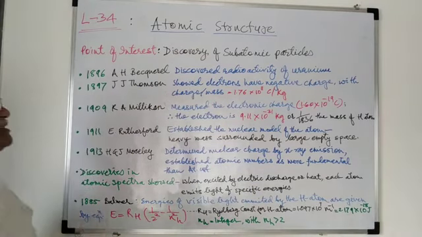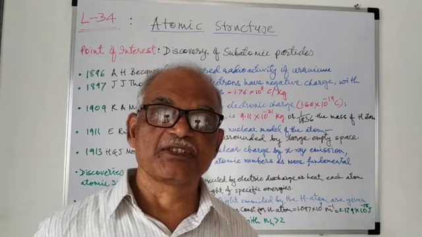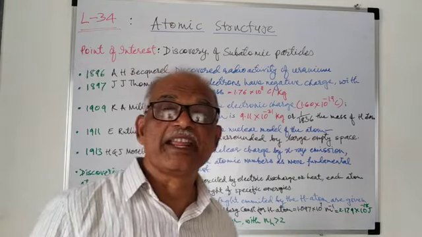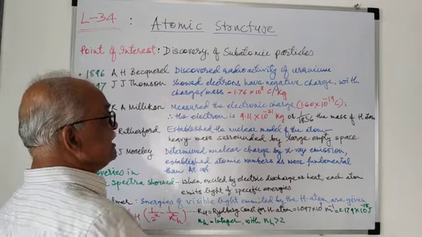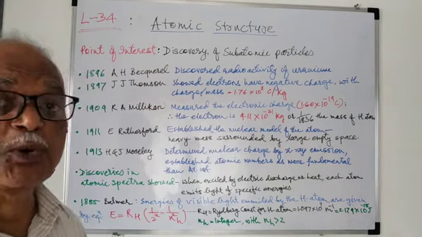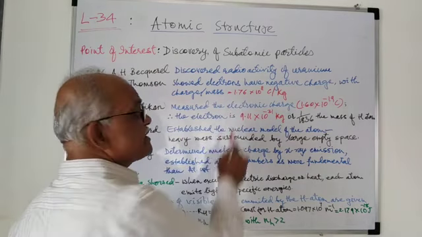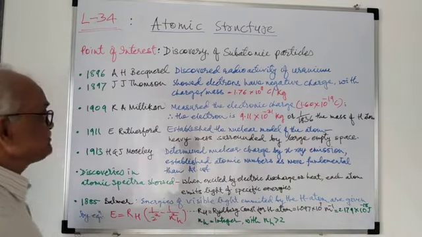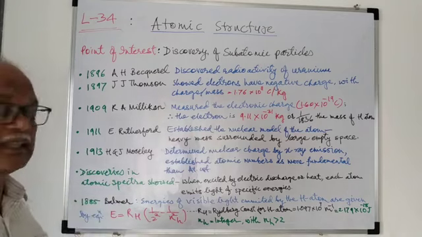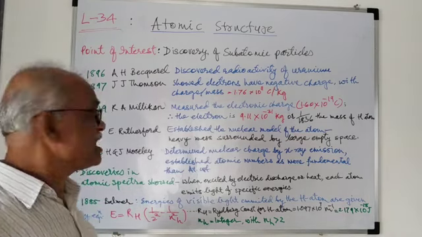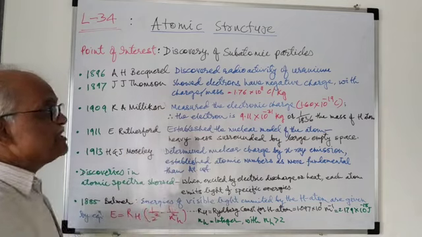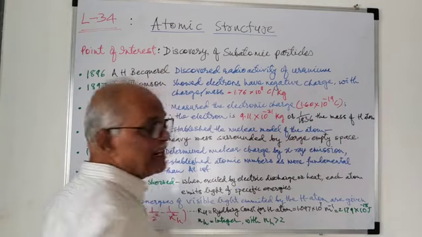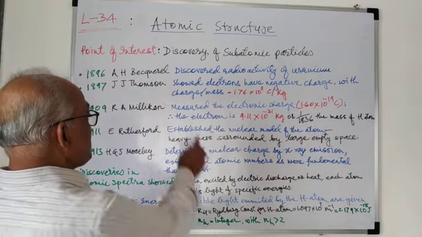Then in 1897 another scientist, J.J. Thomson, showed that electrons are negatively charged and their charge to mass ratio is 1.76 into 10 raised to 11 coulombs per kilogram. Then in 1909 another scientist, R.A. Millikan, measured the electronic charge, that is 1.6 into 10 raised to minus 19 coulombs.